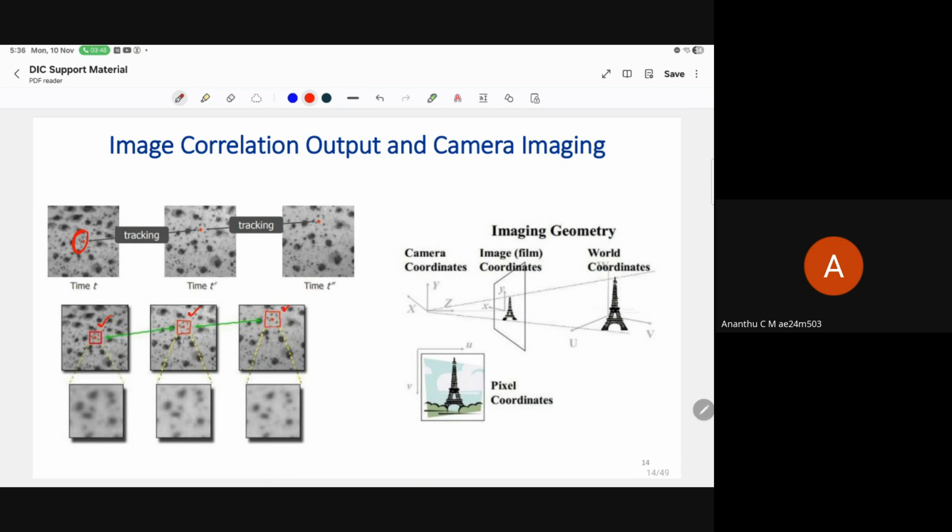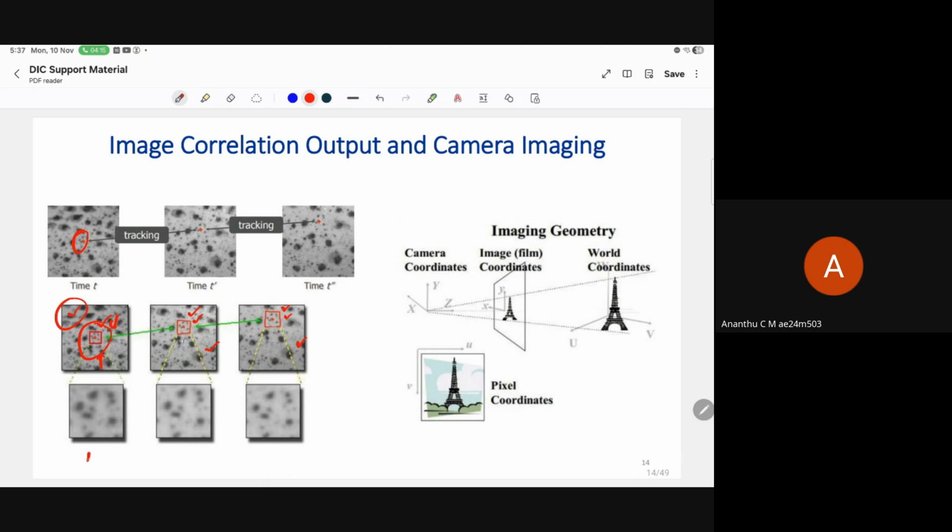We create a reference subset in a reference image. Let us say this is your reference image. In this reference image, you create this reference subset and then we do the correlation process for this subset in all the deformed images like this one and this one. And then from the correlation process, we get the moved locations of this particular subset here and here, right?